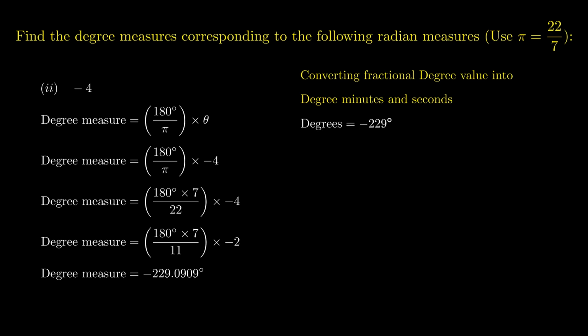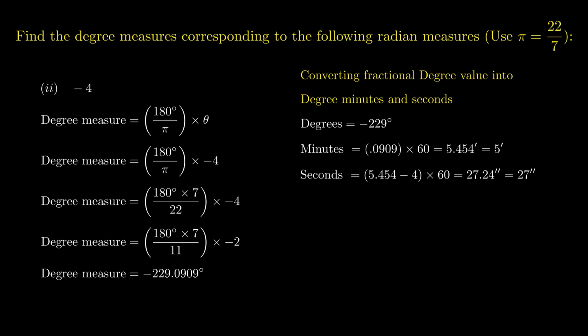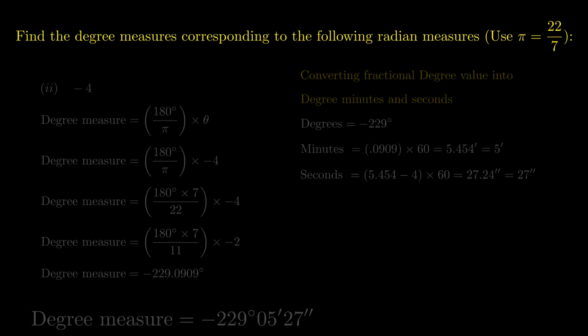I'll take the fractional part of the degree measure we got and multiply it by 60. And again, I'll take the integer part, which gives the minutes. For seconds also, I'll do a similar calculation. I'll take the fractional part of the minutes and multiply it by 60. I again take the integer part of that answer.